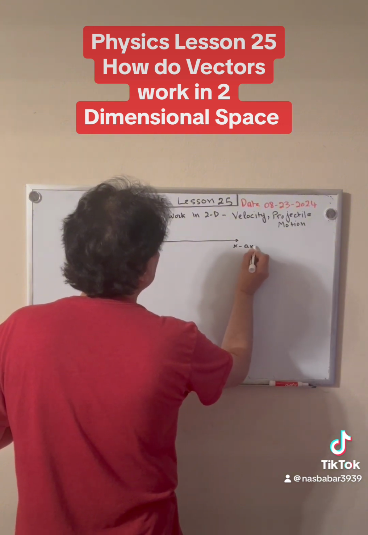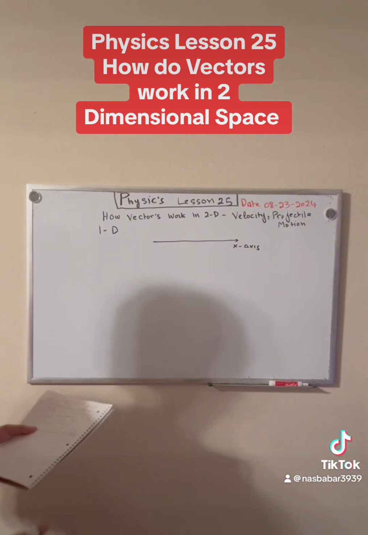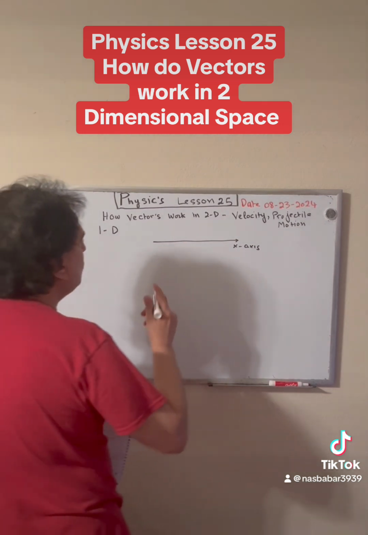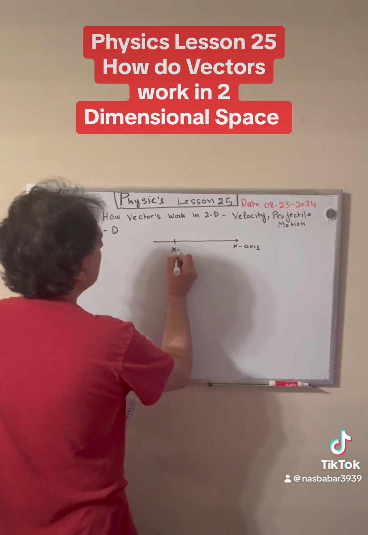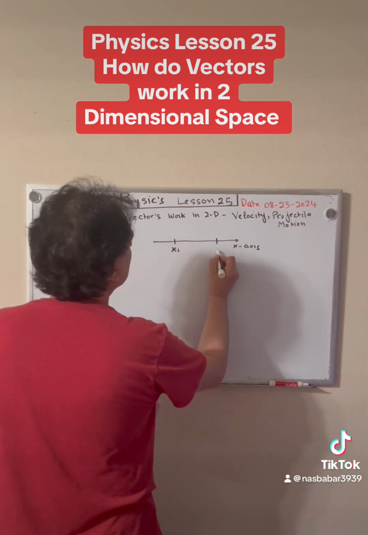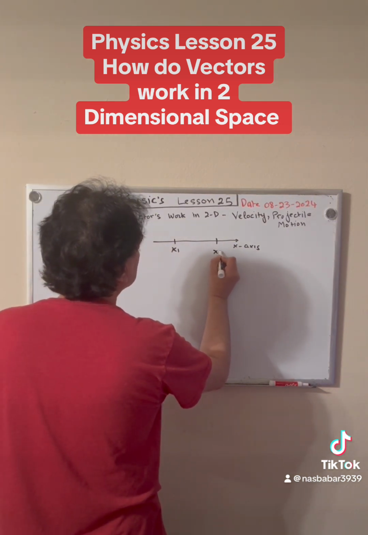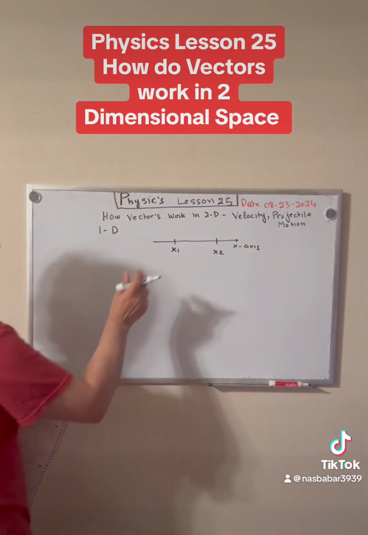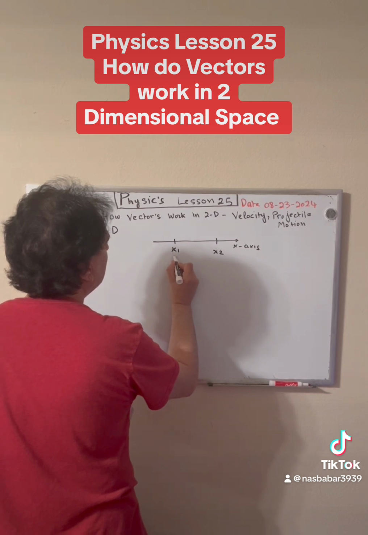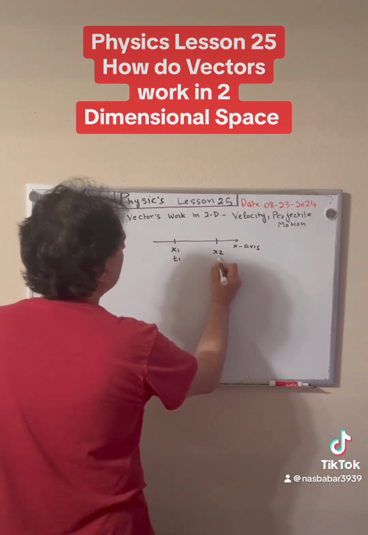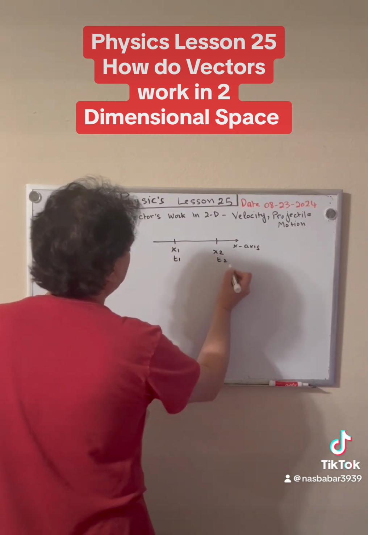On the x-axis you have 2 points. You have an initial point, I call it x1. Then you have a final point, I call it x2. And then the time it takes from here to here, let's say this is t1 and this is t2, in seconds.